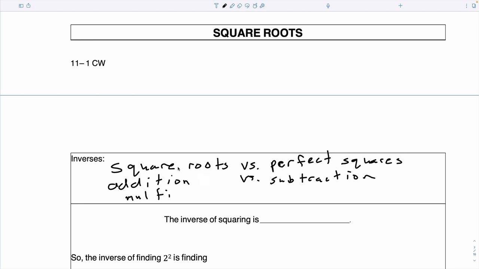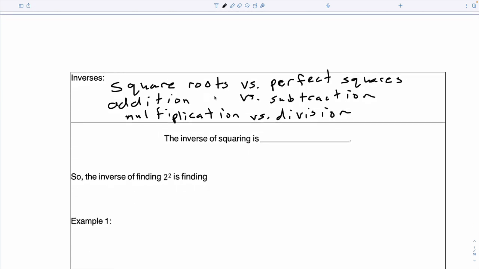So the inverse of square roots are perfect squares. If you know what a perfect square is, you can find the square root. Multiplication versus division. The inverse of squaring is taking the square root of a number.